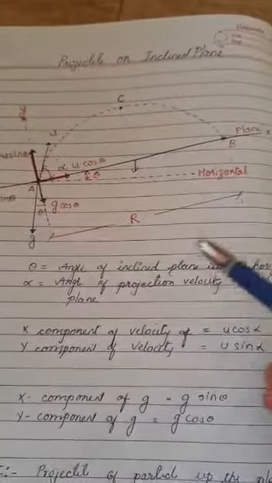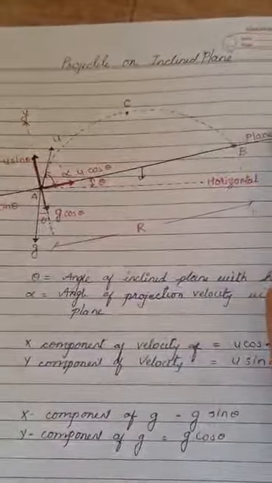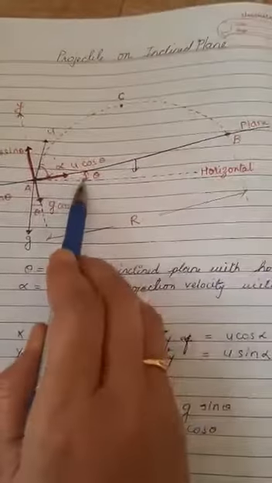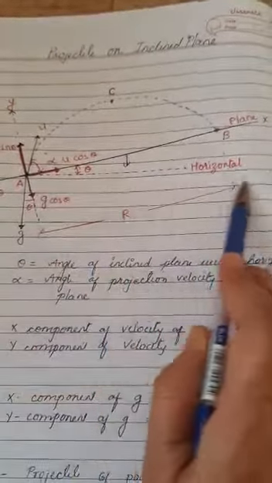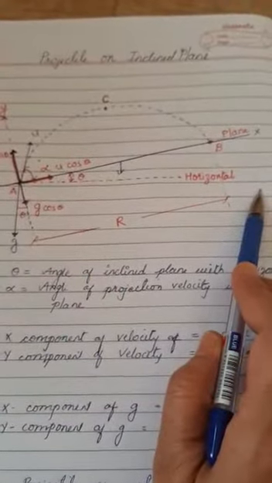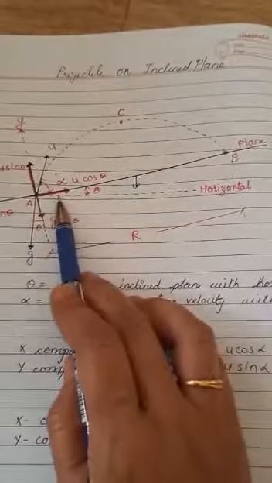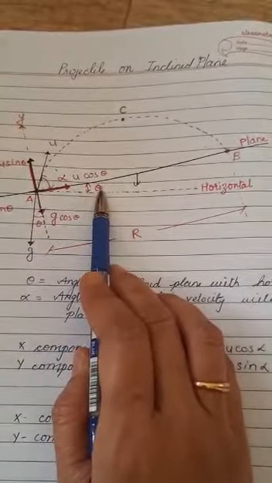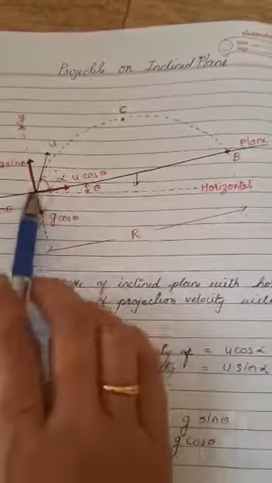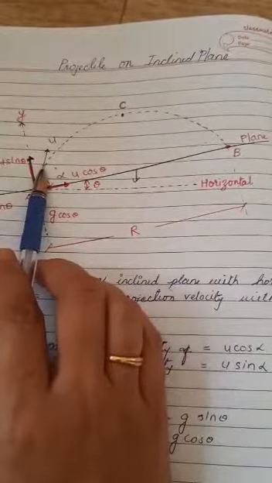Now, say we have an inclined plane of inclination theta with horizontal. Suppose a particle is thrown in upward direction other than vertical with some velocity.